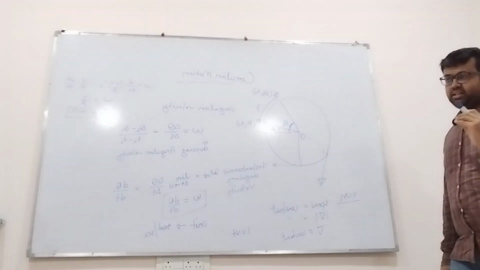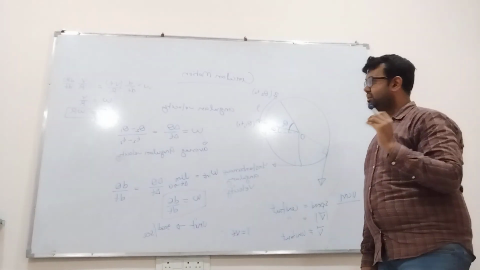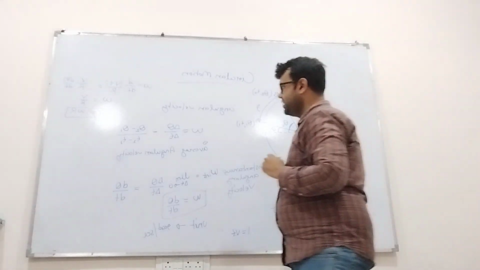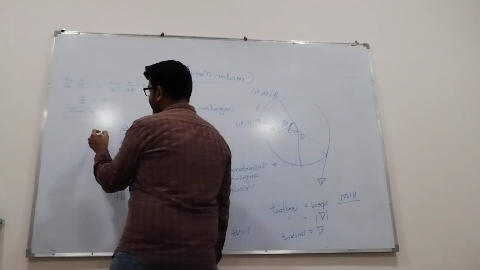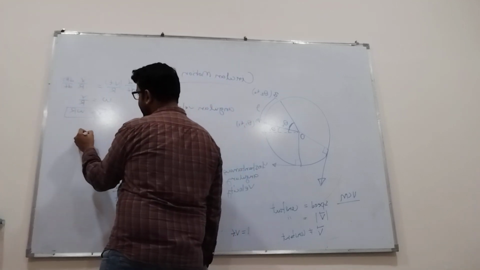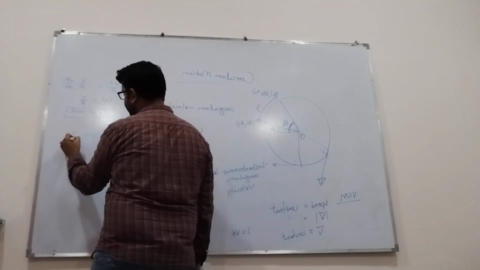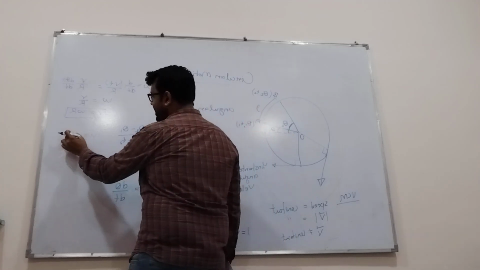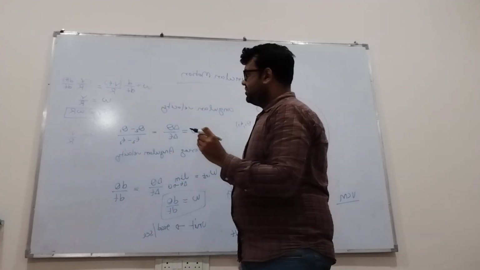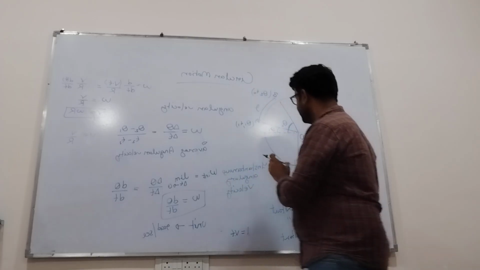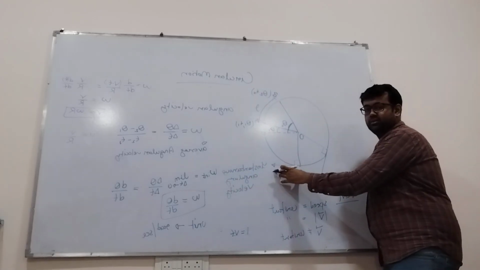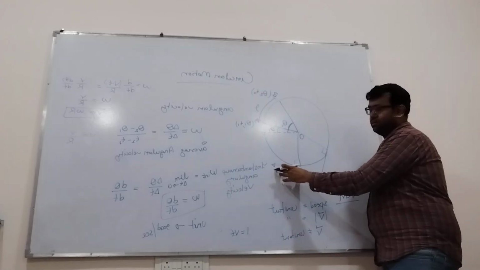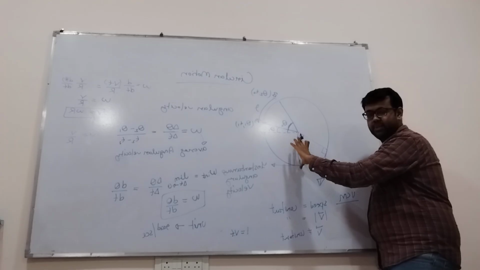So when we write this formula, omega is equal to V upon R, this velocity, what we will take is the perpendicular velocity, the velocity that is perpendicular to the R.